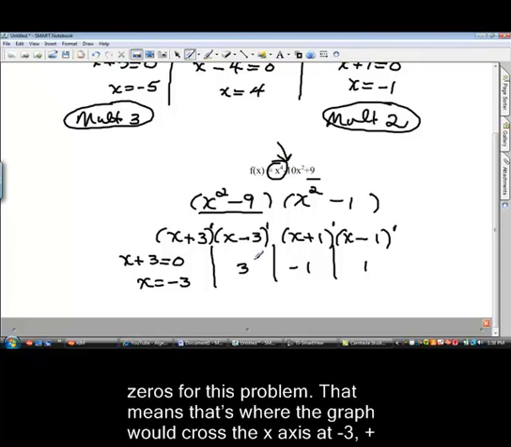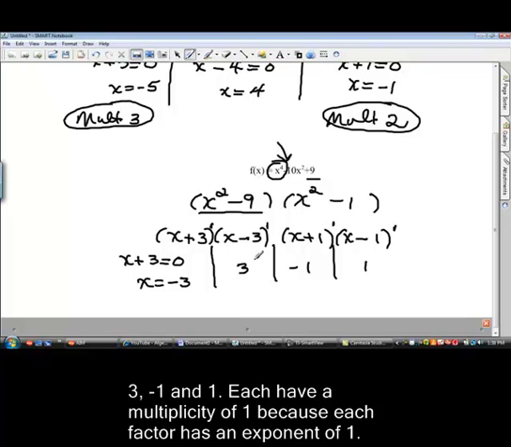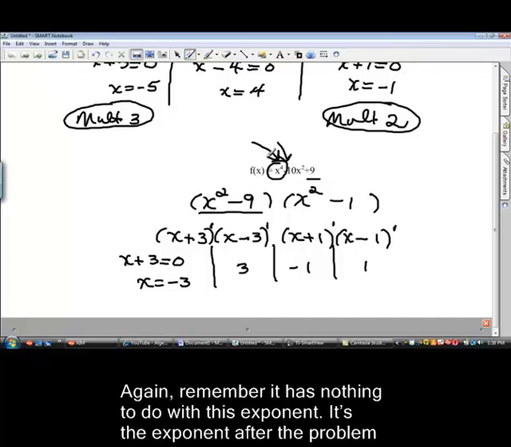That means that's where the graph would cross the x-axis at negative 3, positive 3, negative 1, and 1. Each has a multiplicity of 1 because each factor has an exponent of 1. Again, remember it has nothing to do with this exponent. It's the exponent after the problem has been factored.